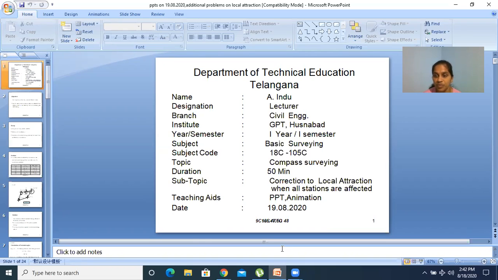But in the case where all the stations are affected by local attraction, what do we have to do? Today's class is the correction for local attraction when all the stations are affected.